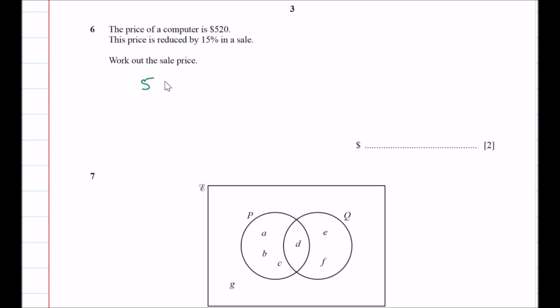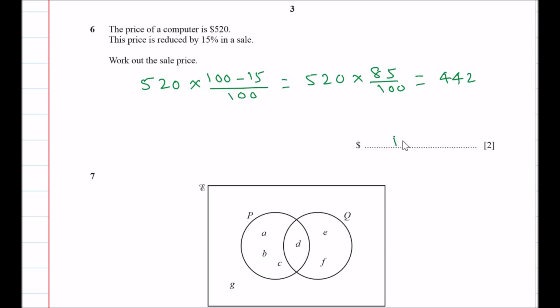So 520 into, we have to reduce, so 100 minus 15 divided by 100, and that gives us 520 into 85 by 100. And if you simplify this, we get 442. Your answer is $442.